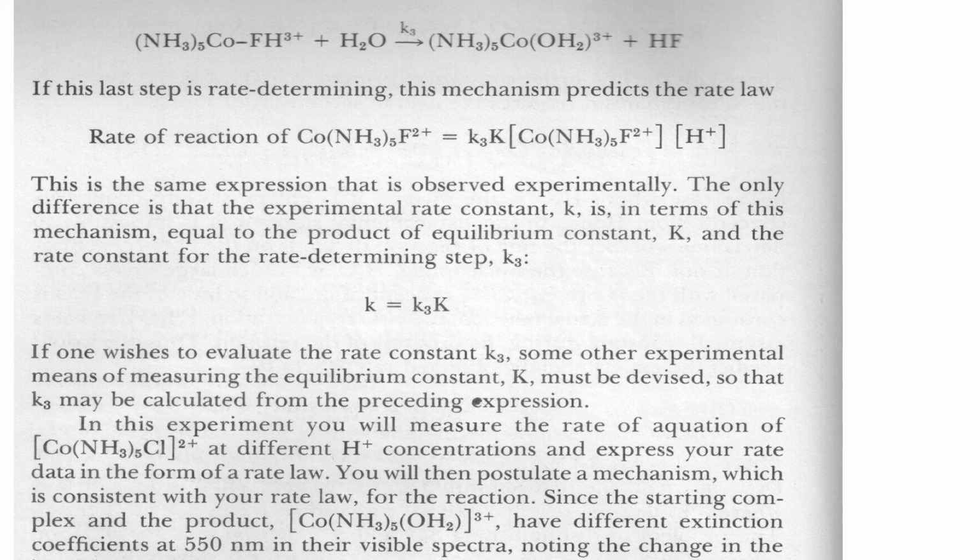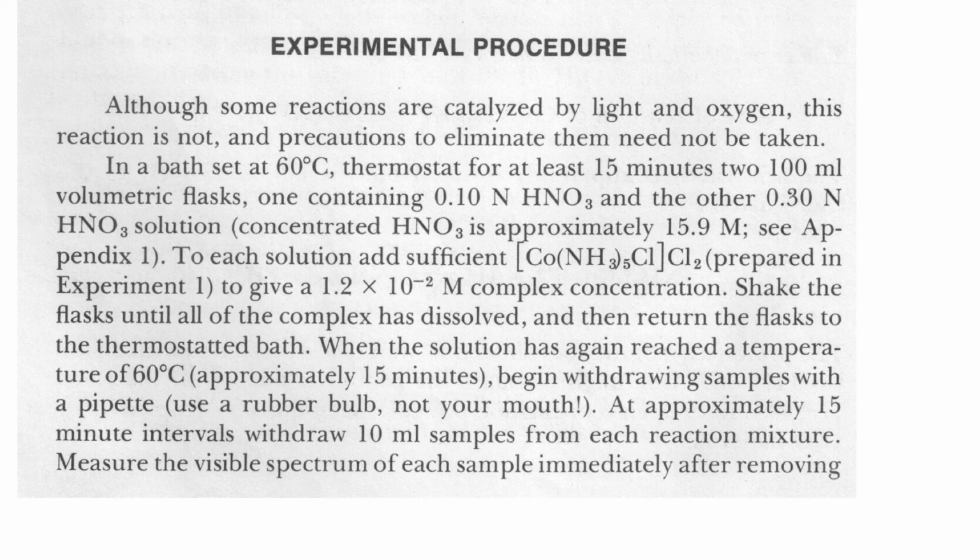Our reaction will be performed in two acid solutions to check the dependence on the concentration of the complex and on the acid solution. First, when you come in the lab, you have to prepare 0.1 molar acid and 0.3 molar acid as HNO3. Now, you have to have two volumetric flasks.